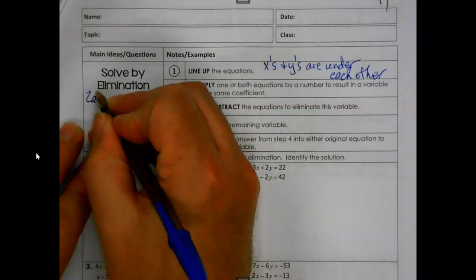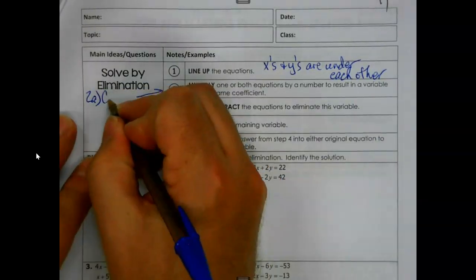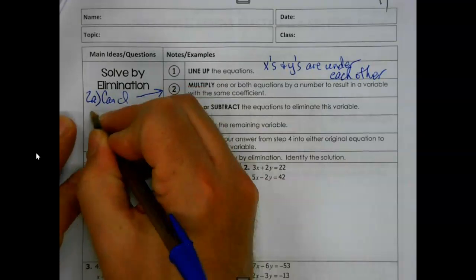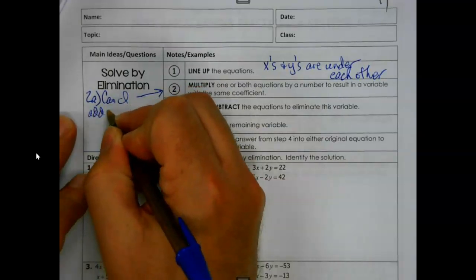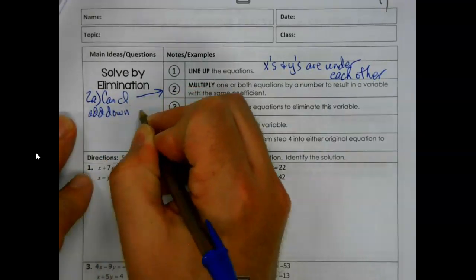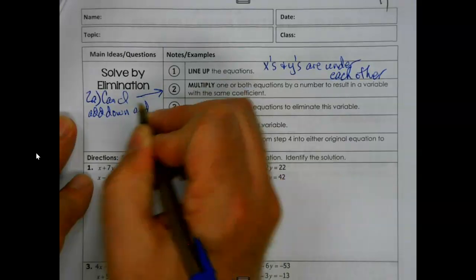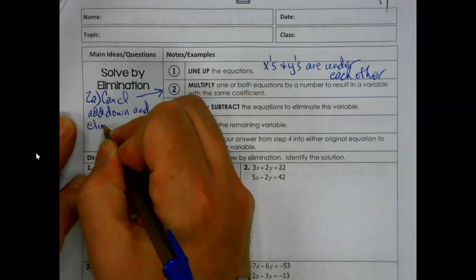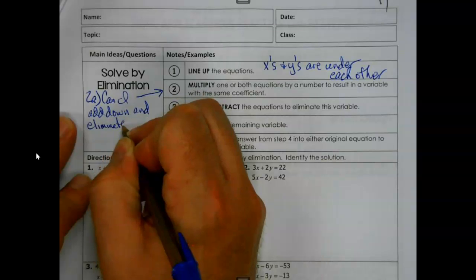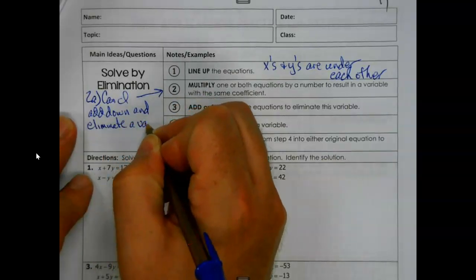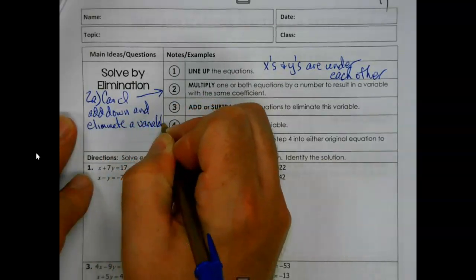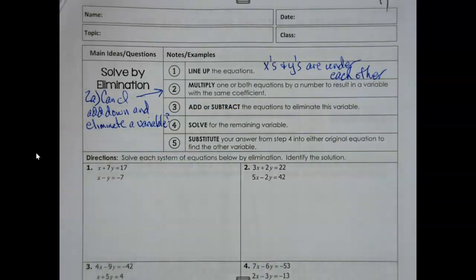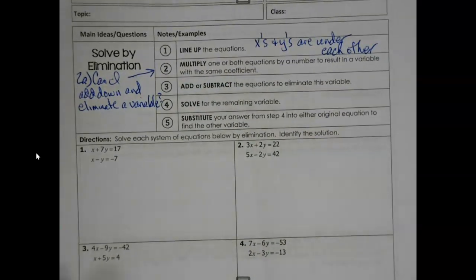We're going to add step 2a, which is, can I add down and eliminate a variable? Because this is called elimination. I don't even want to say we need a variable to go away, because if it doesn't, it's kind of hard to solve these.